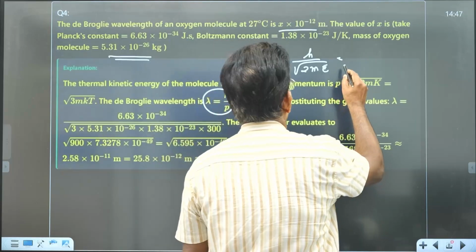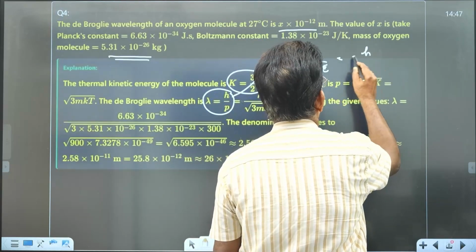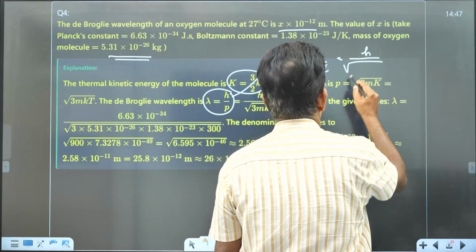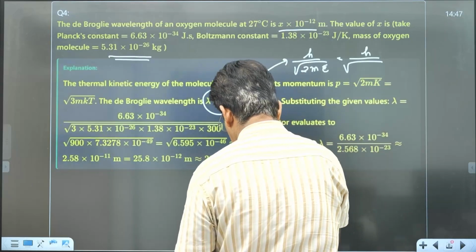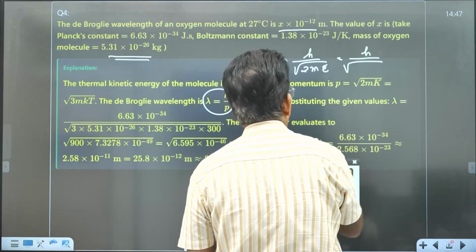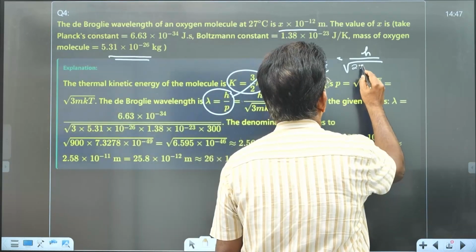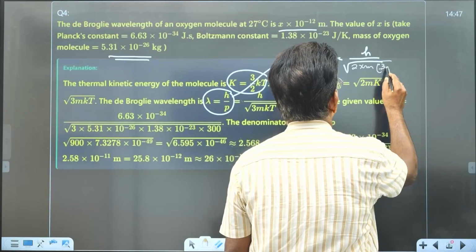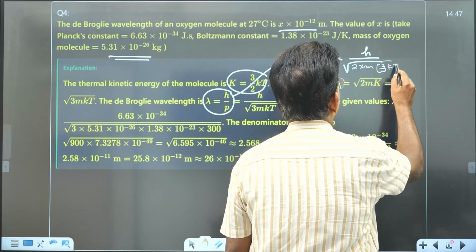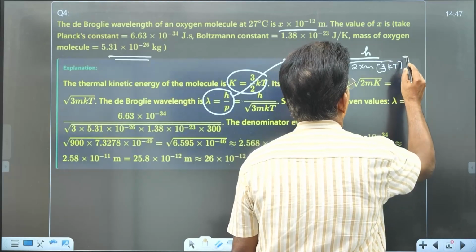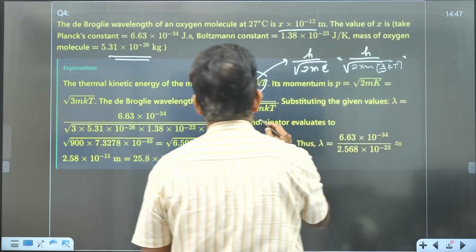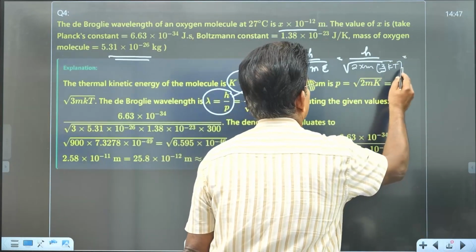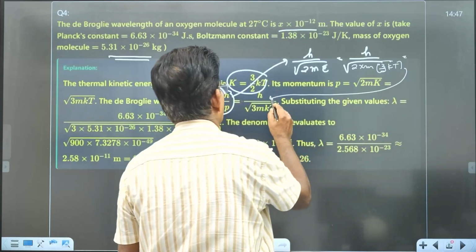So substituting for that, this is coming to be h by root of 2 into m into the energy, 3 by 2 k. K is Boltzmann's constant. Then we are coming to this formula. From here the 2 gets cancelled.